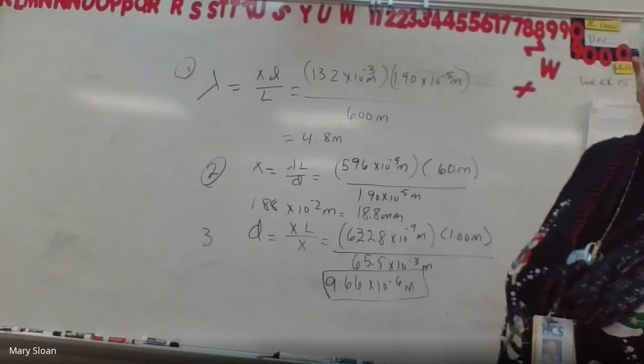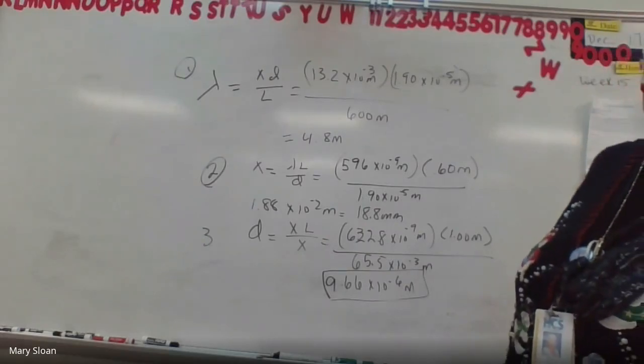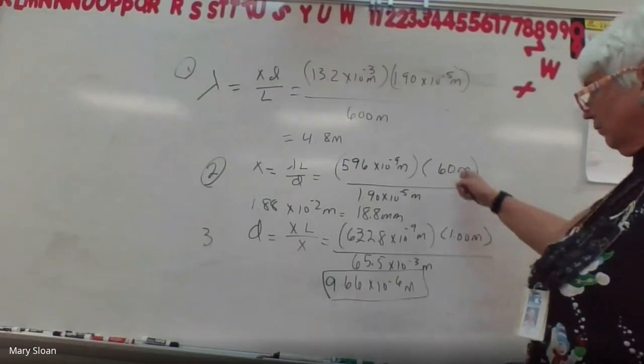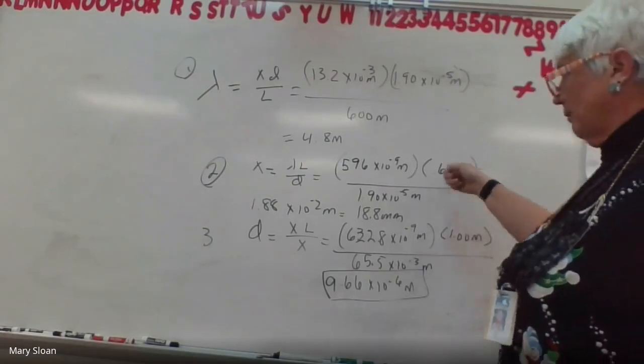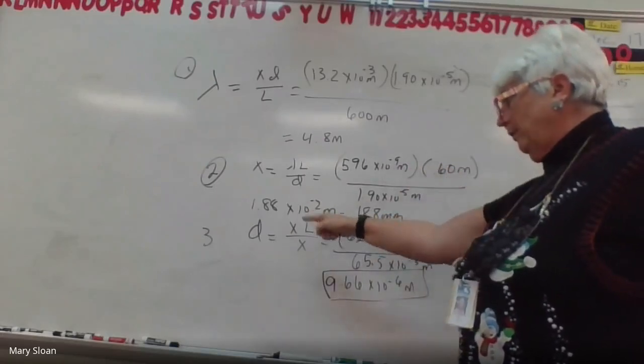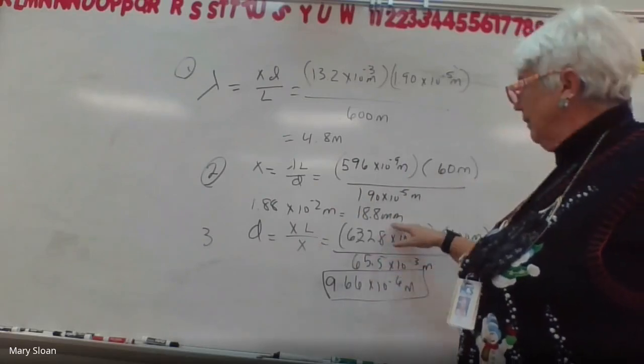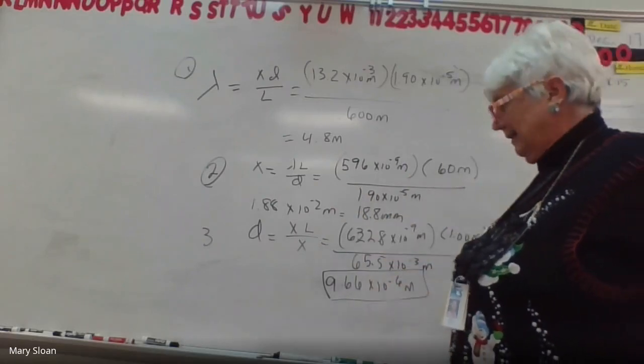That is my distance. What is the distance of the central band to the first order yellow band if the screen is 0.600 meters from the slit? That's my length. So I'm going to take this number, multiply by this, divide by that, and you should get 1.88 times 10 to the negative 2 meters. And if you convert that to millimeters, it's 18.8.